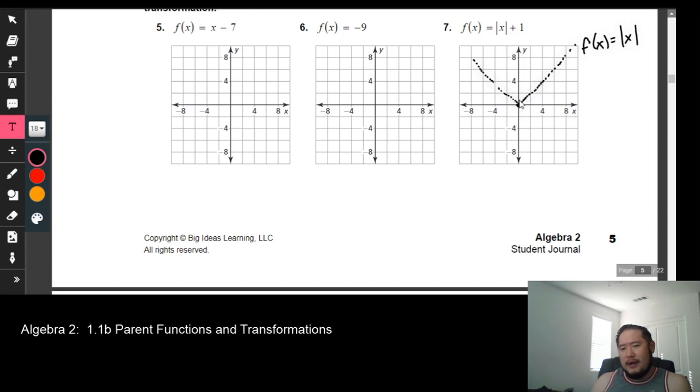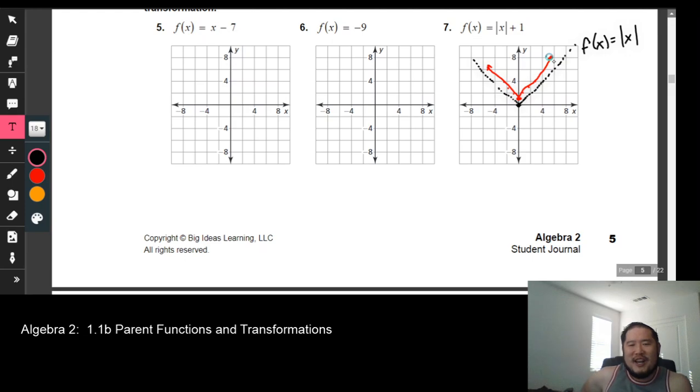So what I could do right here is start at positive 1 and then think, all right, what's my slope? It's up 1, to the right 1, up 1, to the right 1. Same going the opposite direction on the negative side. And so my function right here, when I graph this, looks something like that.